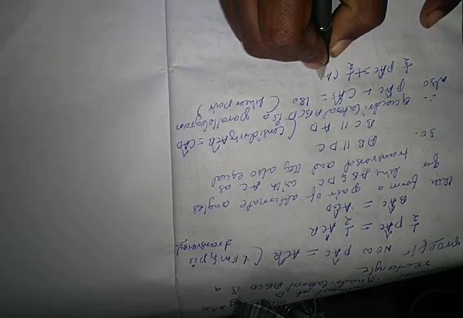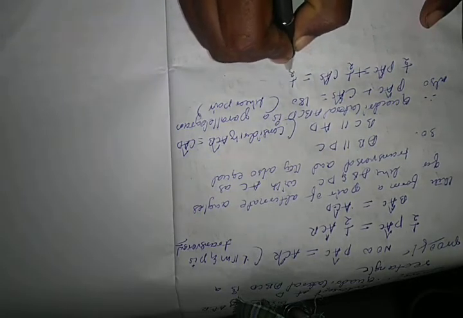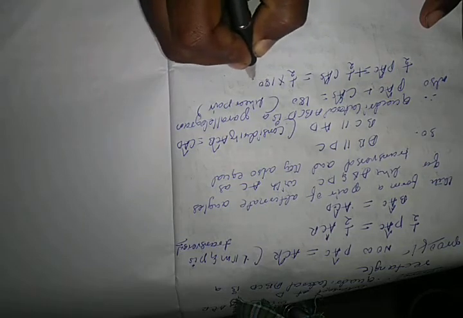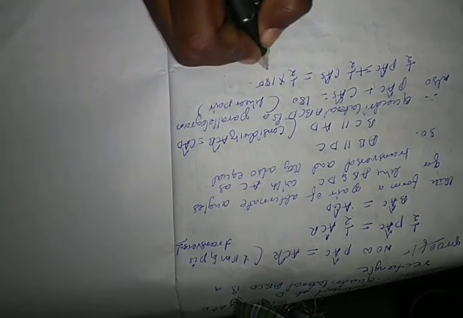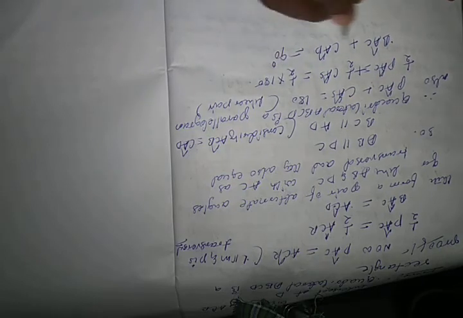Already you know that half of PAC plus half of CAS is equal to half of 180 degrees, that is 90 degrees. So angle BAC plus angle CAD is equal to 90 degrees. BAC plus CAD forms angle BAD, which is equal to 90 degrees.